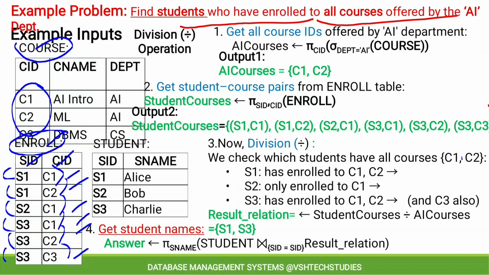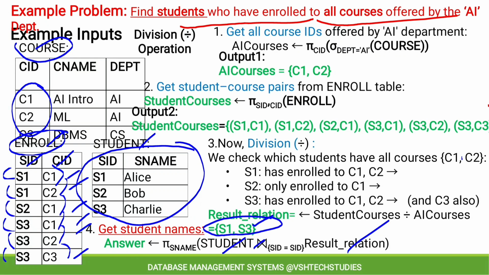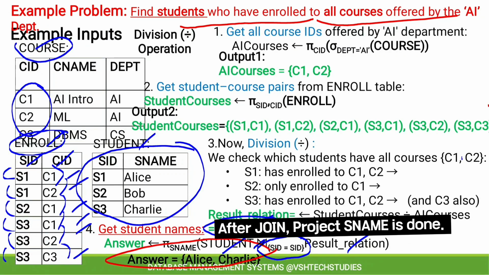To get student names from this result relation, the student relation is taken and joined with the result relation, based on the condition where SID equals SID. Then we will get the final answer, that is Alice and Charlie.